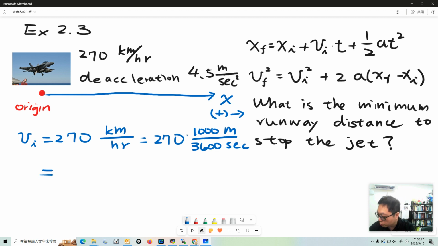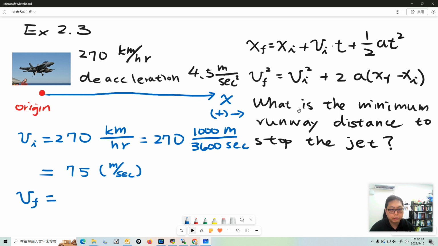Use your calculator: 270 times 1,000 divided by 3,600. The answer is 75. The initial velocity is 75 meter per second. What's the final velocity?